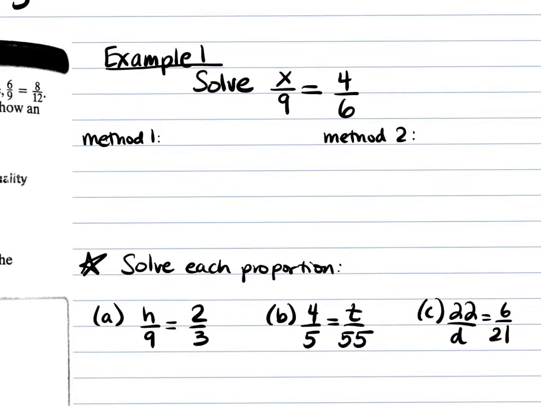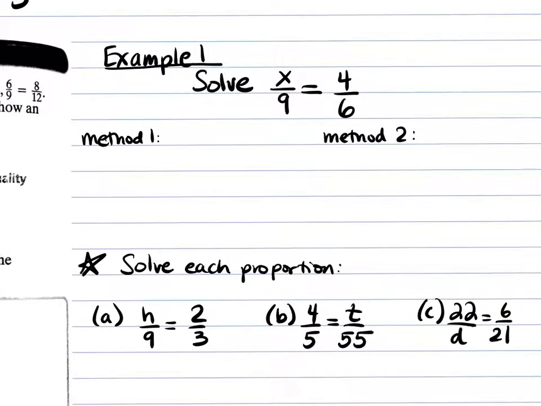The first thing we're going to do is solve for x. So we have a proportion and we have an x here that we want to solve. The first way we'll do it is with algebra. So this is x divided by 9 equals 4 divided by 6. If we want to get x alone, we can undo the divide by 9 by doing the opposite of divide, and we can multiply by 9.